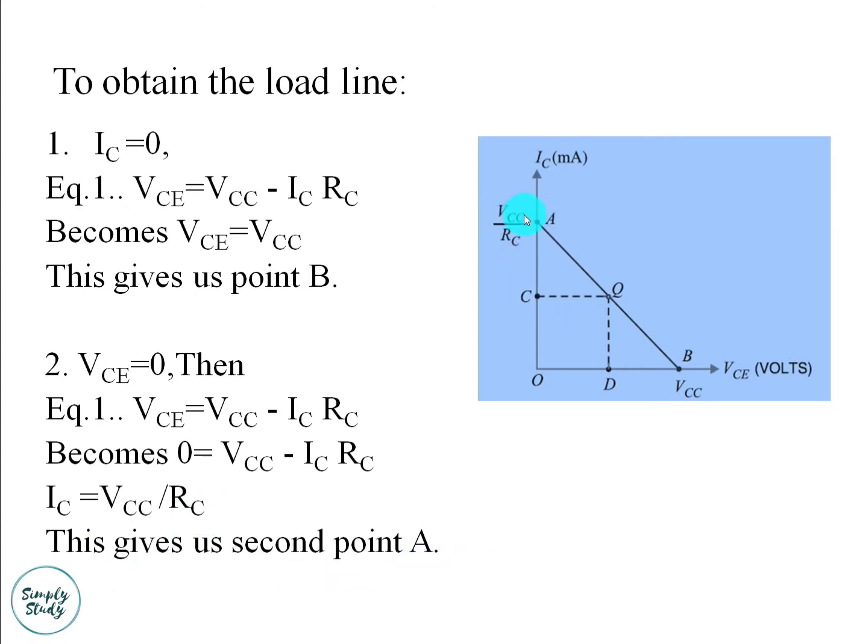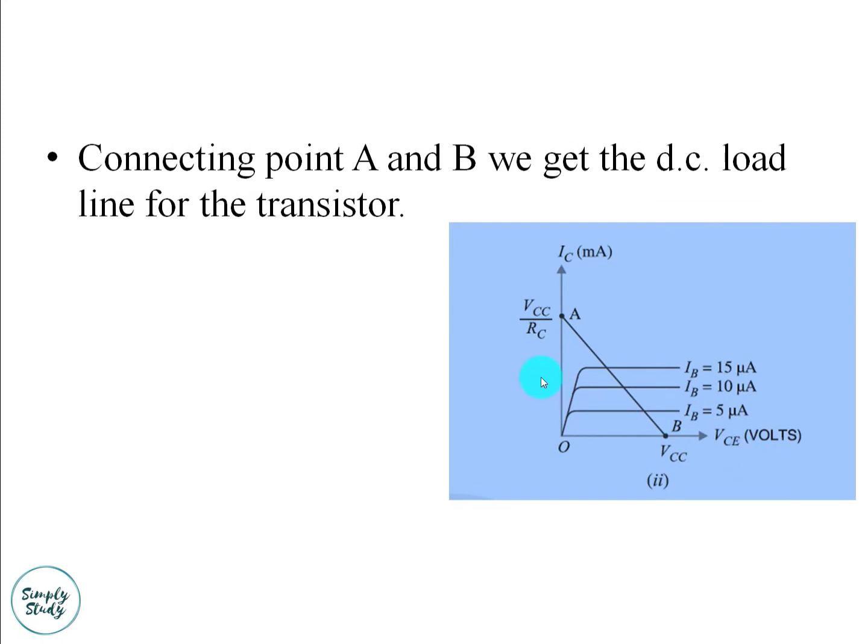This gives the point A, OA equals VCC by RC on the collector current axis shown in the above figure. Hence, we got both the saturation and cutoff points determined and learnt that the load line is a straight line. So, a DC load line can be drawn.